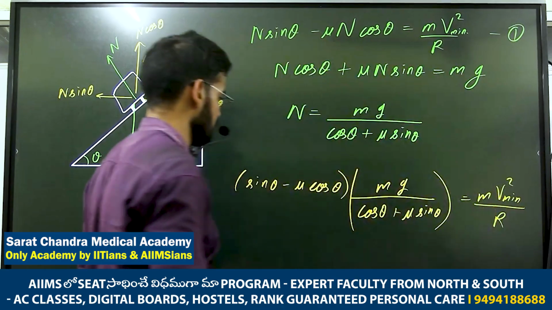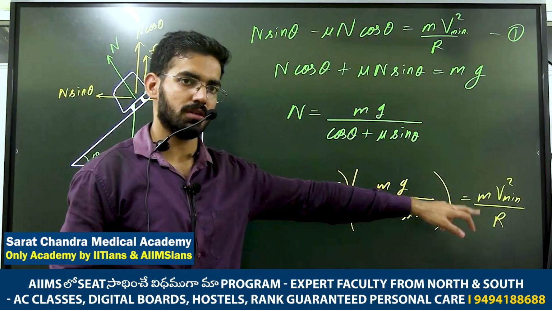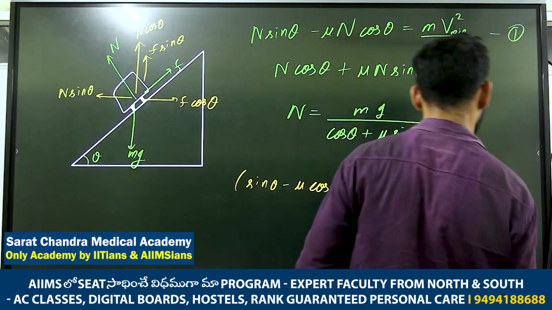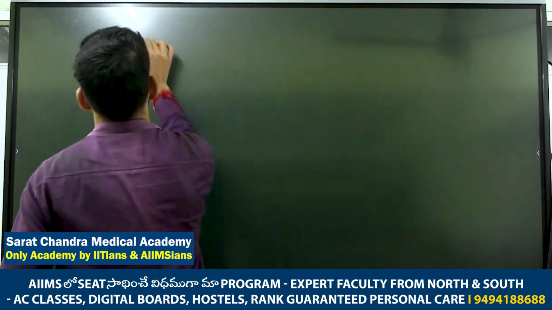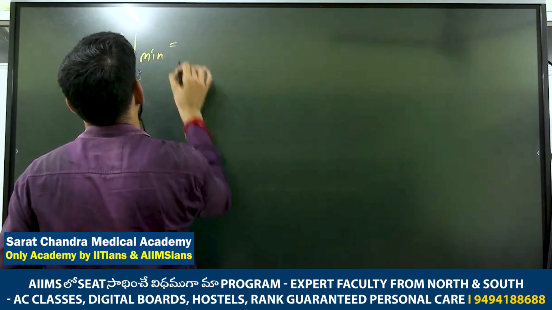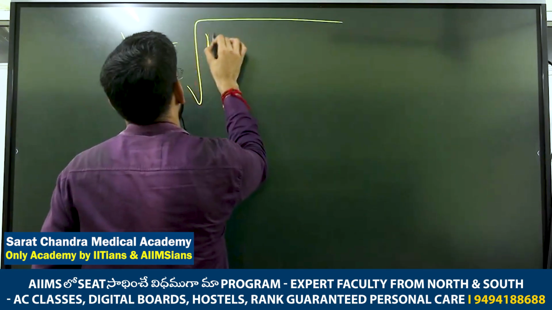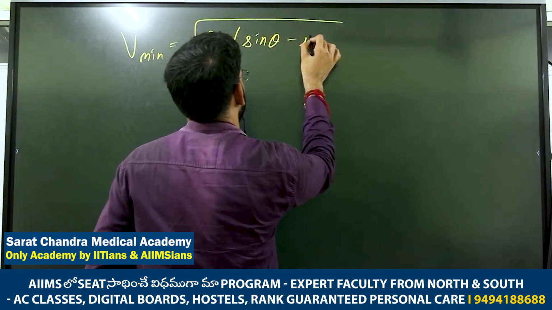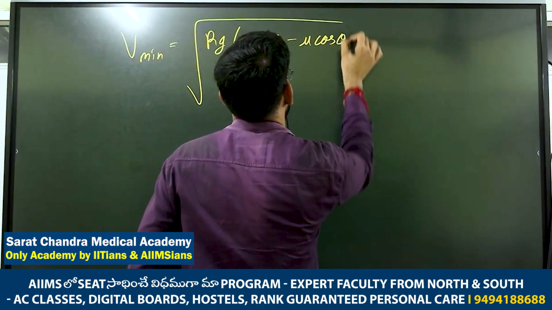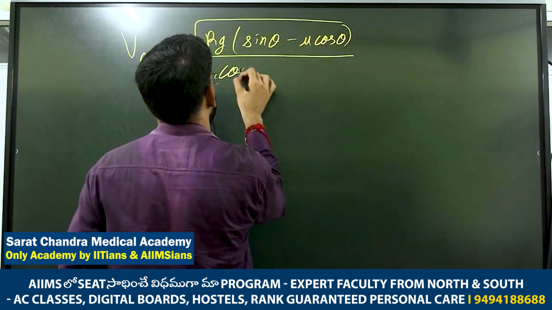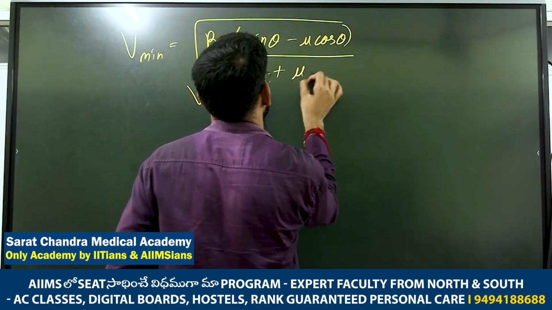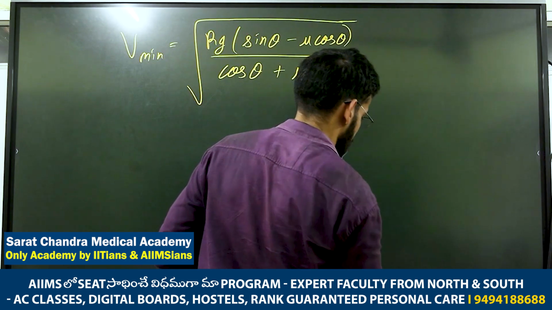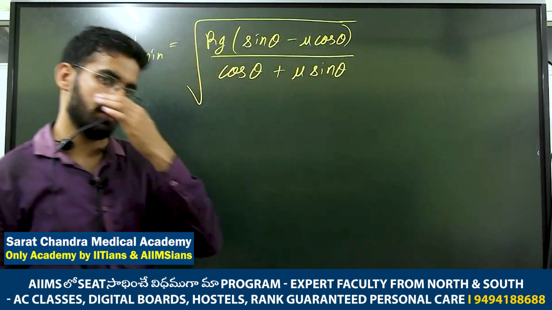Here if I see, m cancels out, rg same, and then you have sin theta minus mu cos theta. So v minimum is what? Under root of rg, then what? Sin theta minus mu cos theta divided by cos theta plus mu sin theta. Okay, this is the minimum speed.